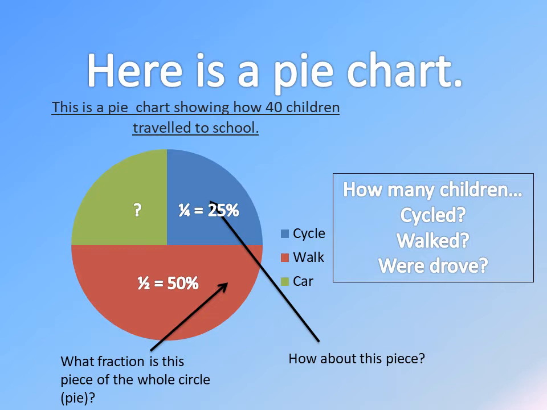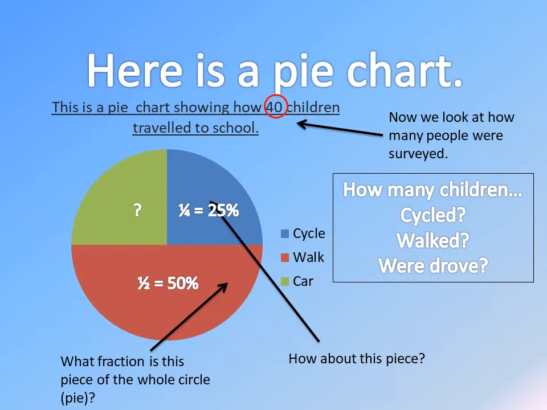Now, how do we find how many children cycled? We will look at how many people were surveyed. Surveyed means asked. Here we have 40 children. So 50%, or half, of the 40 for walking will be 20.